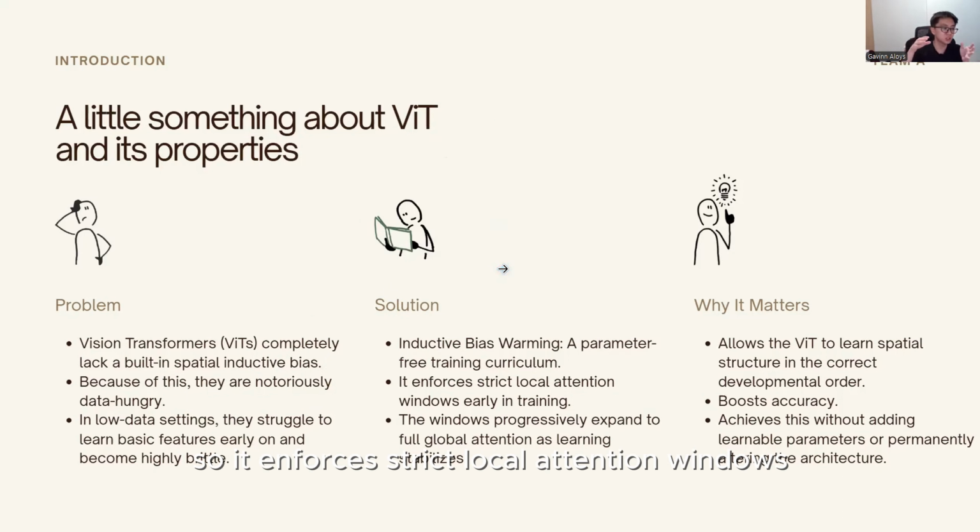It enforces strict local attention windows early in training, and these windows progressively expand to full global attention as learning stabilizes. This matters because it allows the ViT to learn spatial structure in the correct developmental order. It boosts accuracy, and it achieves this without adding any learnable parameters or permanently altering the whole architecture.